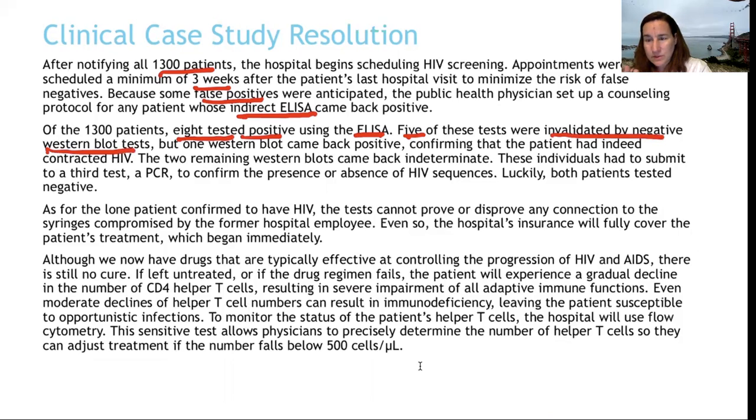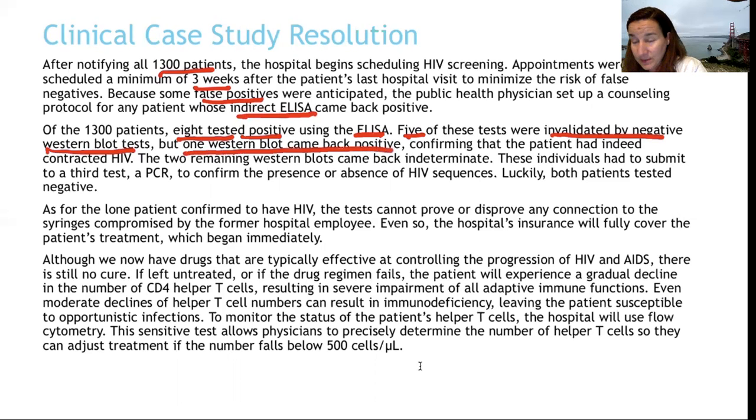The Western blot was our test number 2. We had 8 positives and 5 did not have the proteins found in the Western blot, so we throw them out. So now we're down to 3 patients that might potentially have gotten HIV due to the circumstances at this hospital.